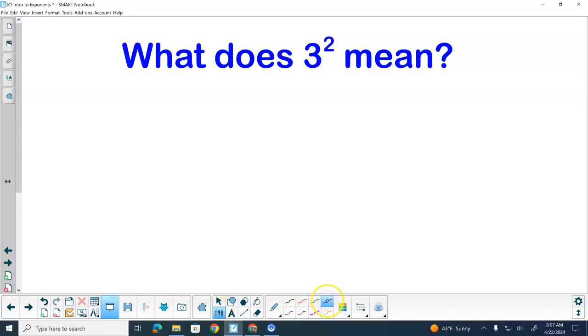This right here is 3 squared, or 3 to the second power, or what else could we say 3 squared is?